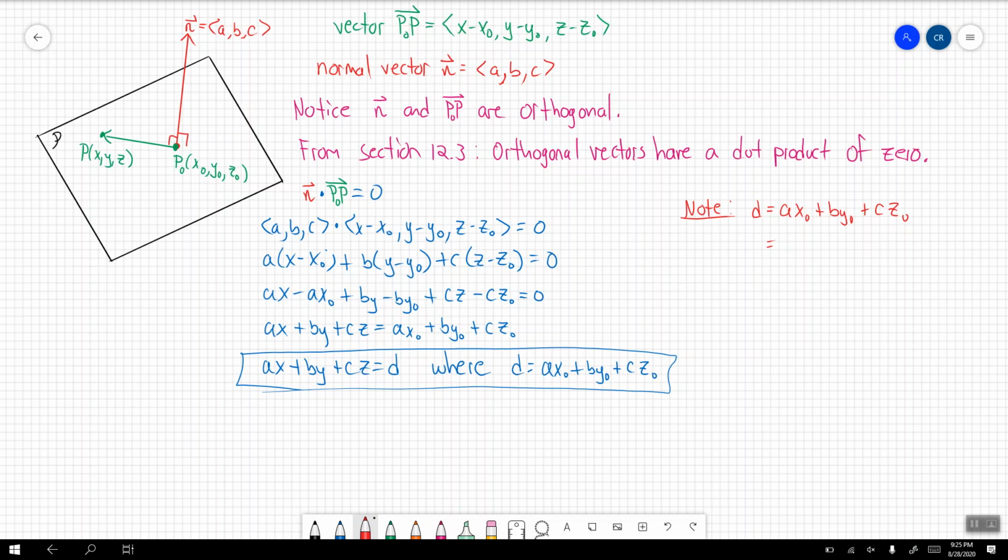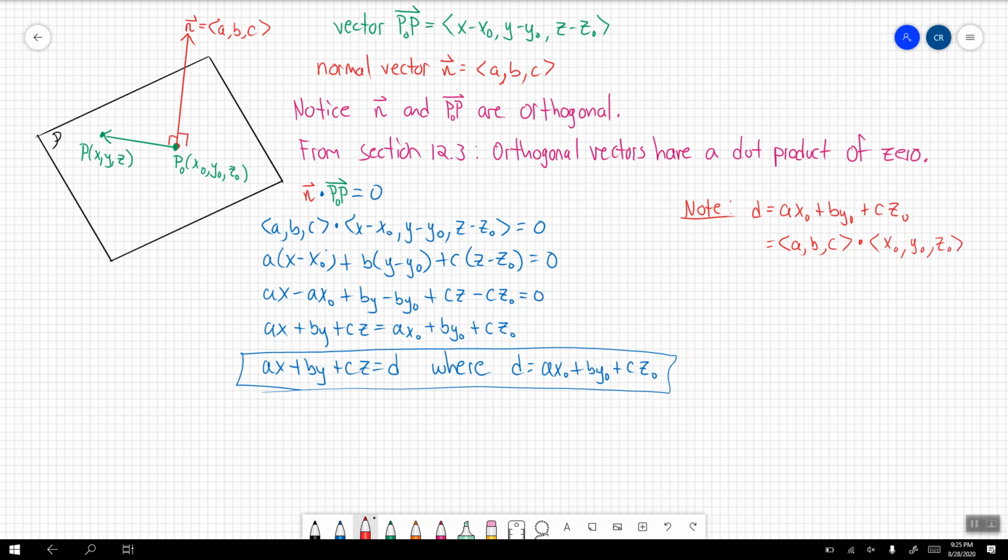If we decompose A times x naught plus B times y naught plus C times z naught into a product of two vectors, where one vector is vector A, B, C, and the other vector is x naught, y naught, z naught, check that out, we actually have a dot product.